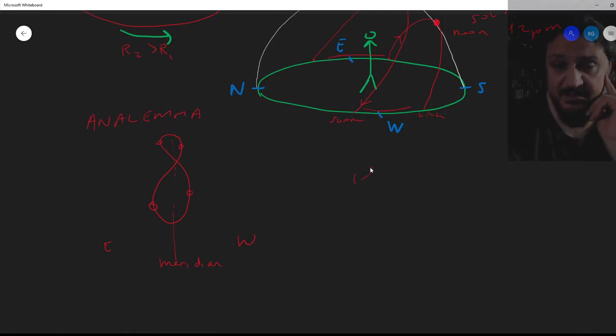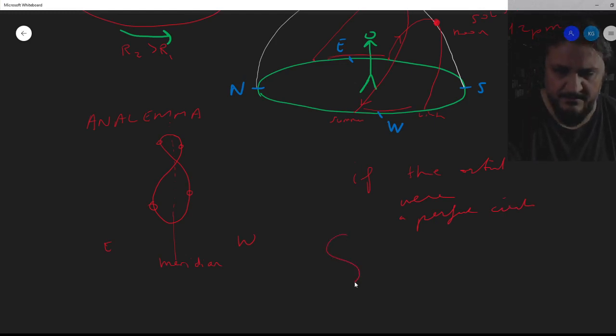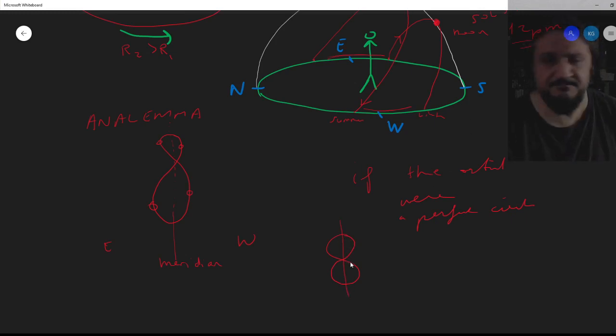If the orbit were a perfect circle, not an ellipse, but a perfect circle, you would still have the 8 figure, but these two lobes, and remember that's 12 p.m., these two lobes will be equal in size, okay?